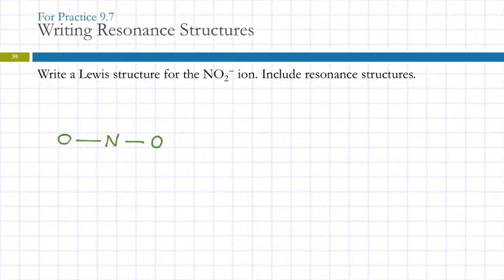And so we've got a nitrogen with 5 valence electrons, and we've got 2 oxygens. They each have 6 valence electrons. And what do I do with that -1? I add an electron to give it the negative charge. So 18.